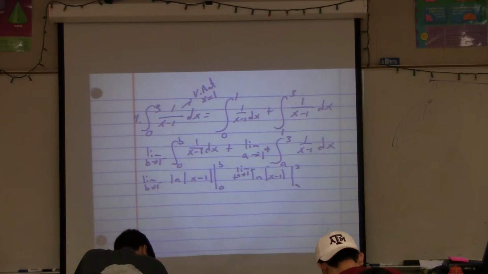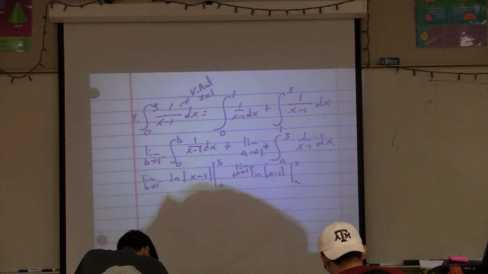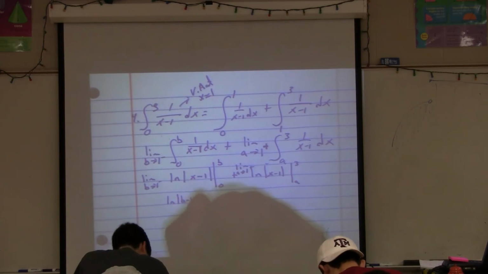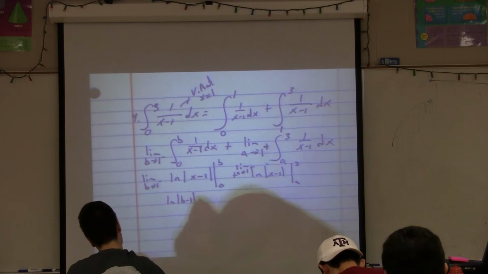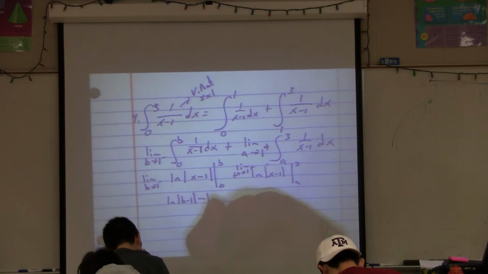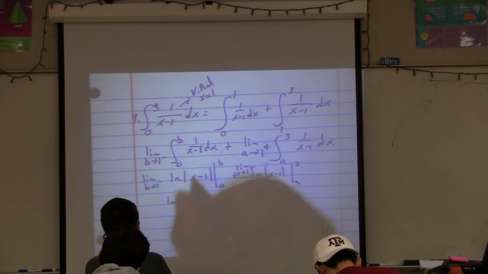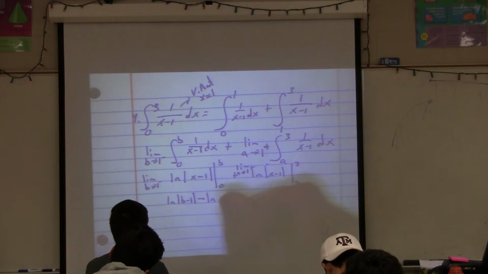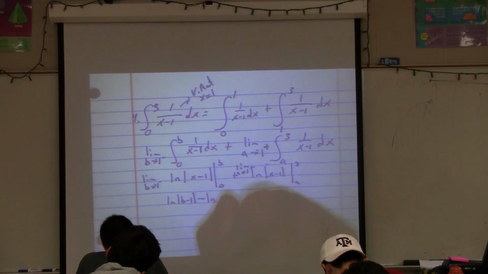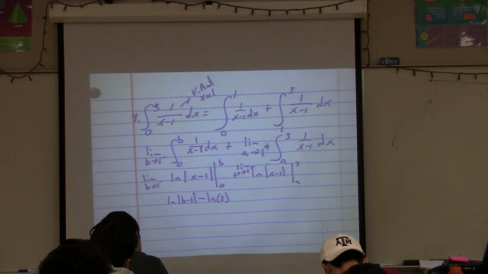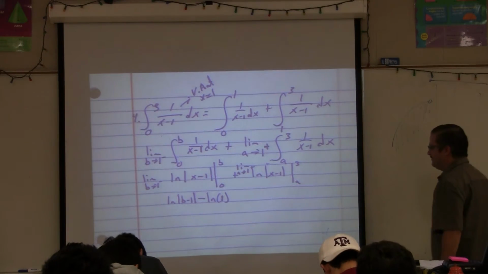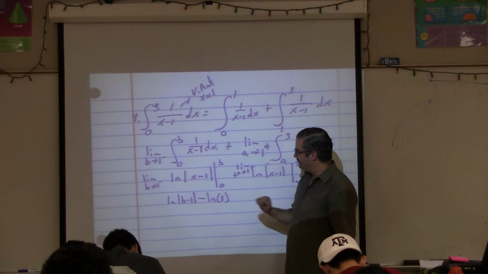Good? Plug in the b, so we get ln absolute value of b minus 1 minus ln of 0 minus 1, which is negative 1, but we get the absolute value of it, so it becomes positive 1.